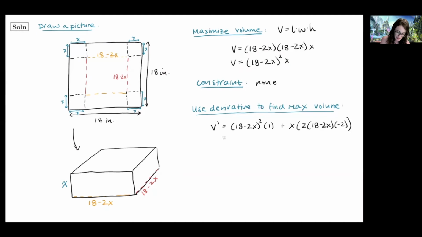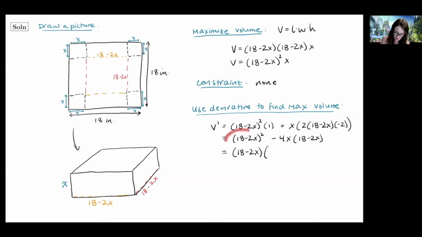All right, I know I'm going to want to set this equal to 0, so I should probably try to factor it. I'm going to leave this as 18 minus 2x squared, but I don't need the 1 there. I'm going to multiply x and 2 and negative 2 together to give us minus 4x. And I'm going to leave that 18 minus 2x intact because I see that it's in common and I want to factor it out. Okay, so we can take out a GCF of 18 minus 2x.